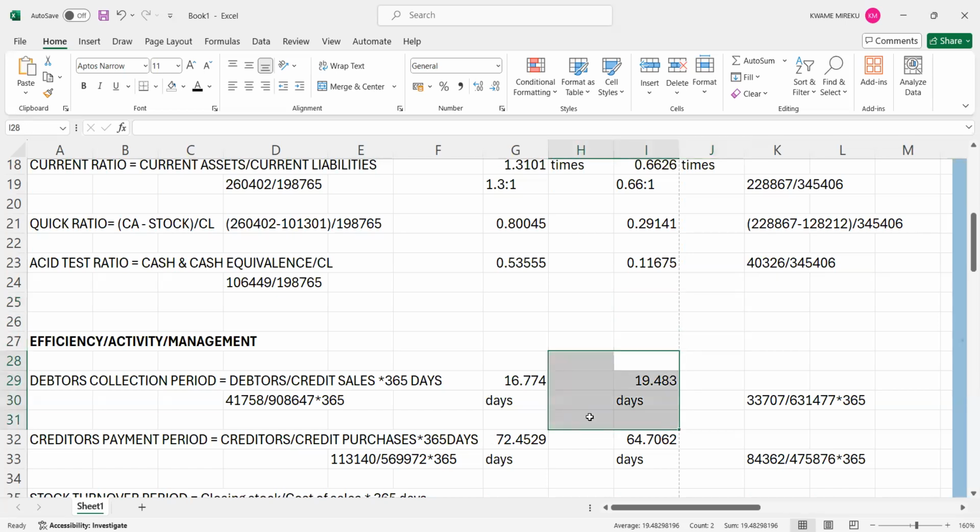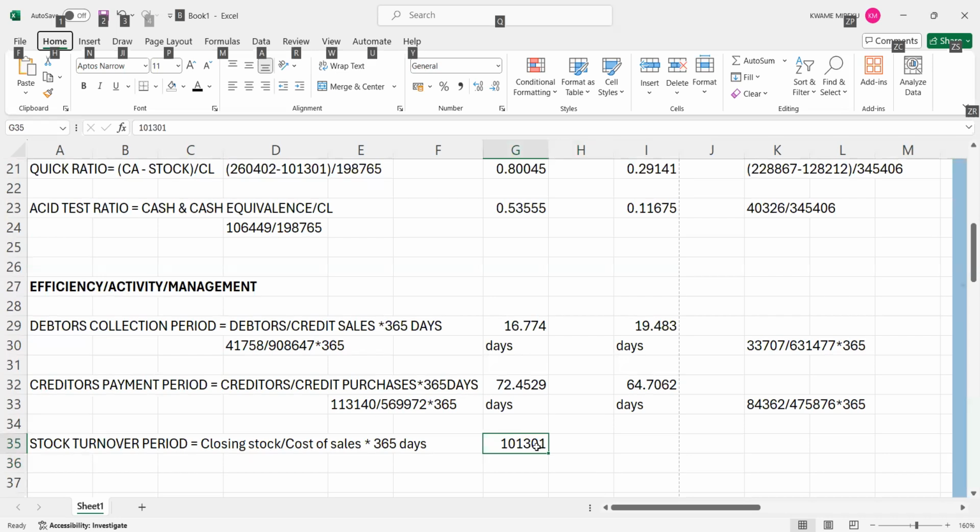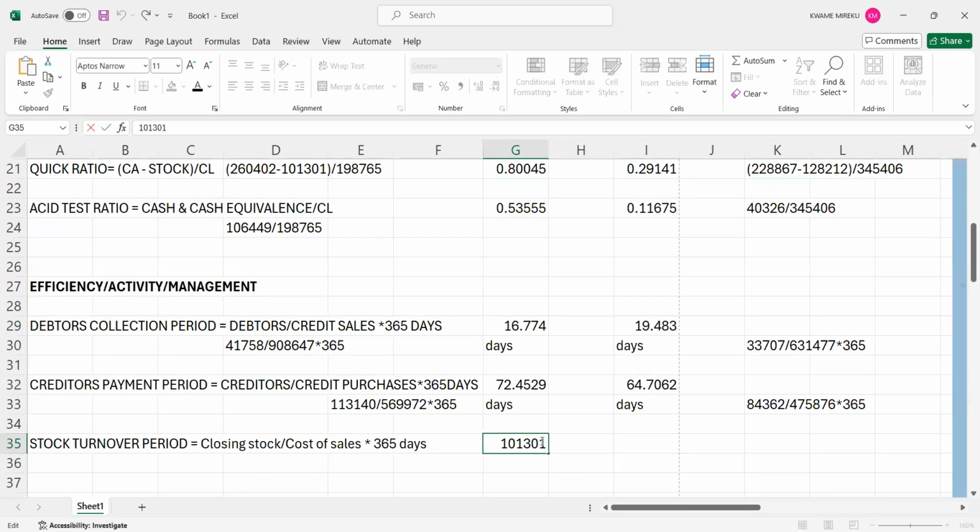Yeah. So the closing stock will be divided by the cost of sales. The cost of sales was used for the creditors payment period, if you could remember. Yeah, it is 569, 972, right?